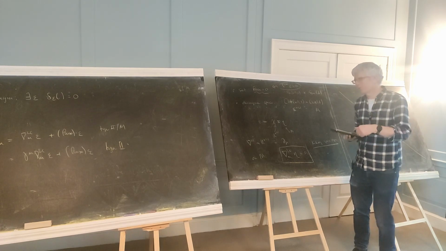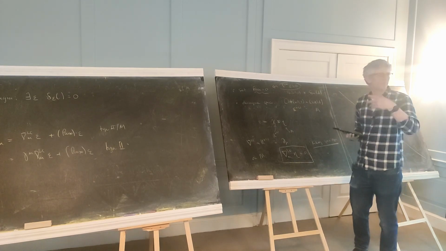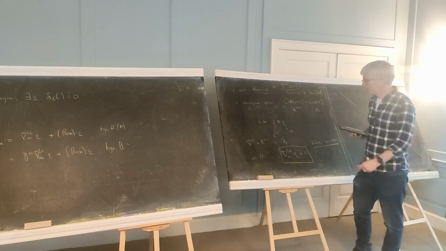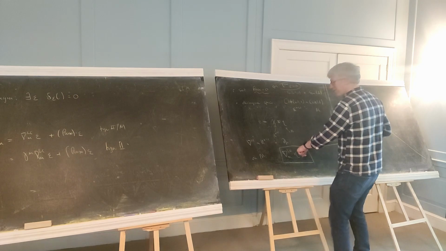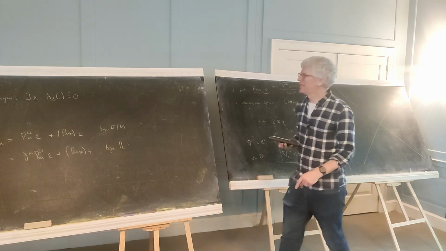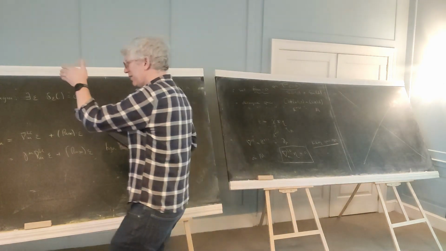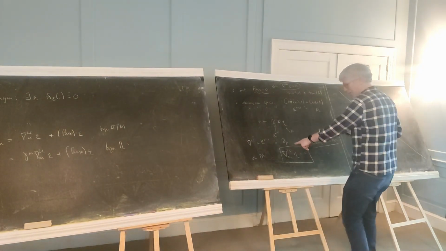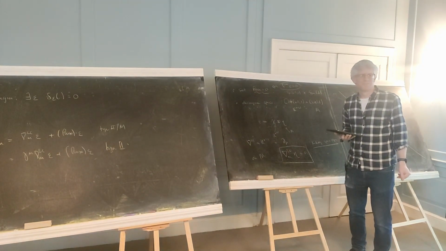If we can find 2, then we'll have 2 lots of supersymmetry. We can find 3 lots, and so on. So what it's saying is, if you can find a spinor satisfying that, then the theory in flat space will have some number of supersymmetries depending on how many solutions you have.